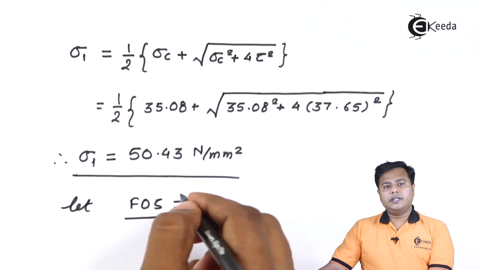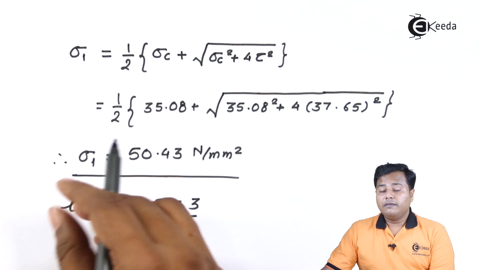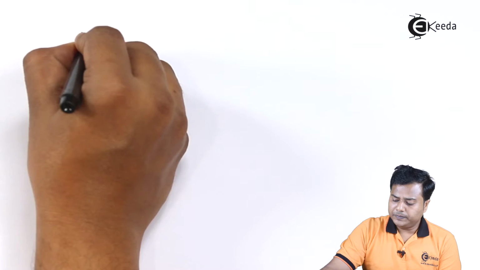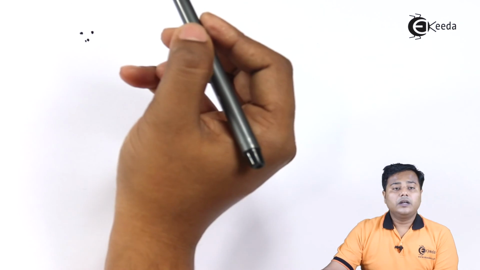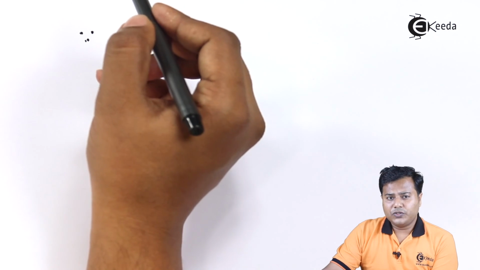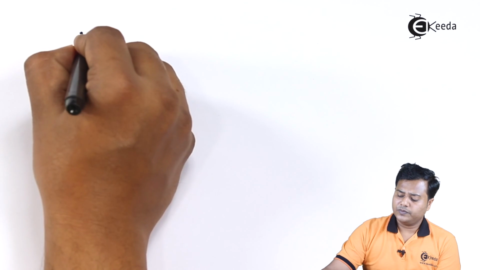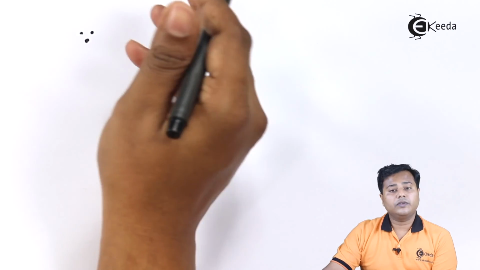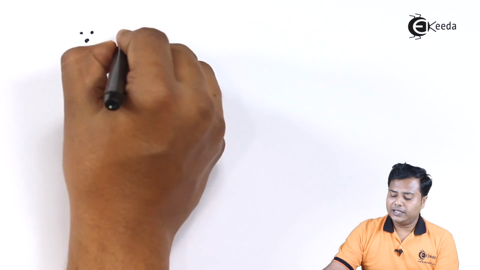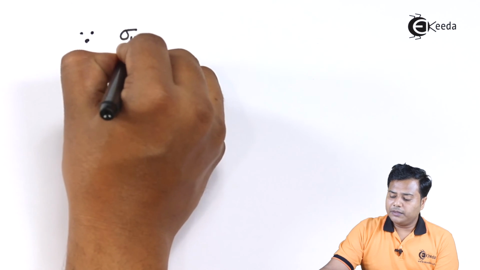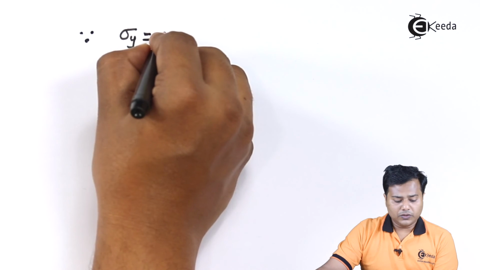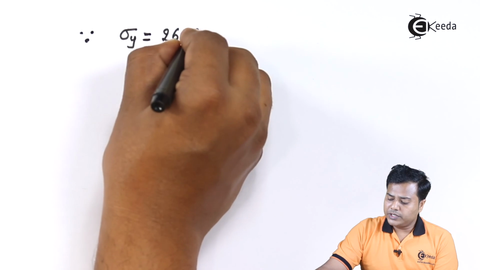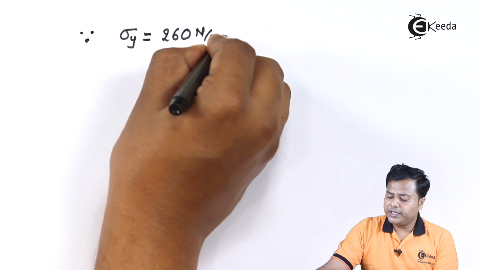Based on this, let us see whether the safety holds or not. For steel, which we are considering right now, the sigma yield is somewhere around 260 Newton per millimeter square.